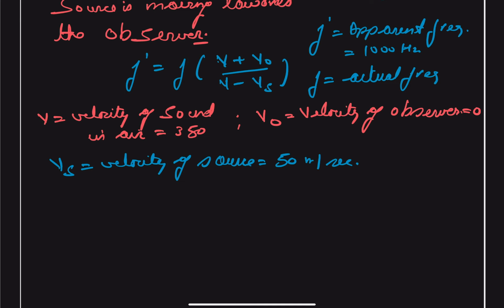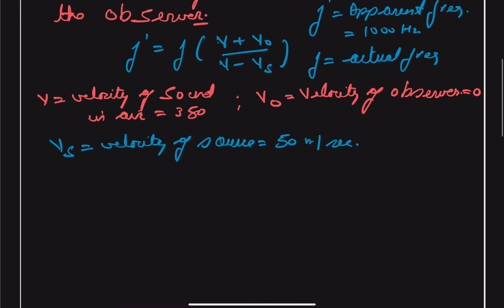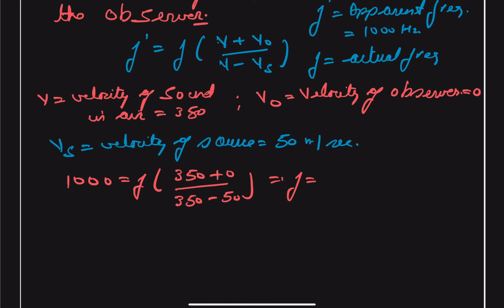So we substitute the values. F prime is our 1000, f, and v is our 350, v naught 0, divided by 350 minus 50, and we can write that our f will be equal to 1000 multiplied by 300 divided by 350.